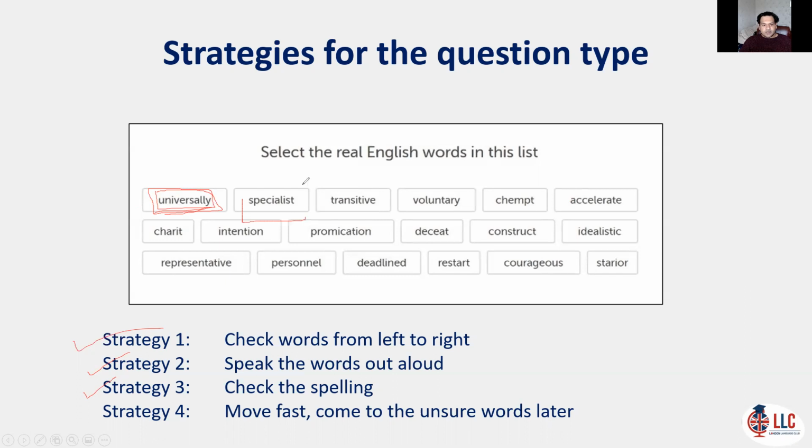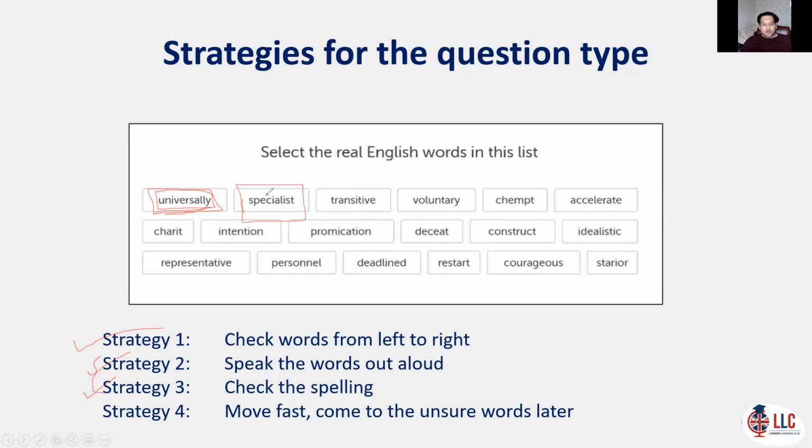For instance, for the second word, specialist, you say it and then check the spelling. Okay, those are the two strategies that go together, and you do that for every single word that you are going to answer.